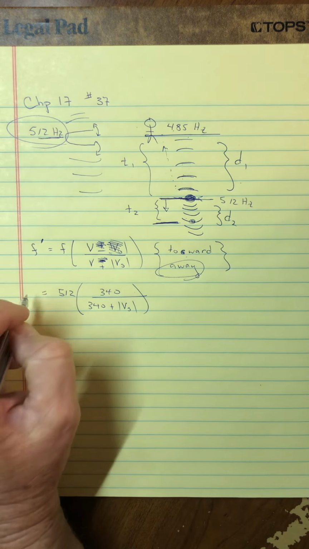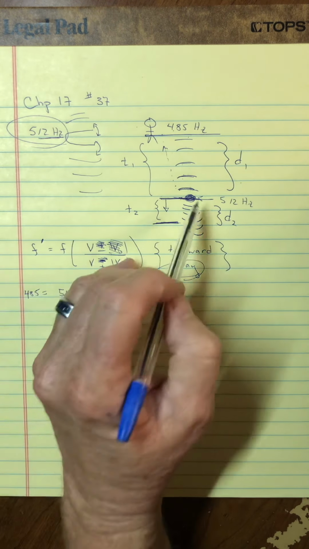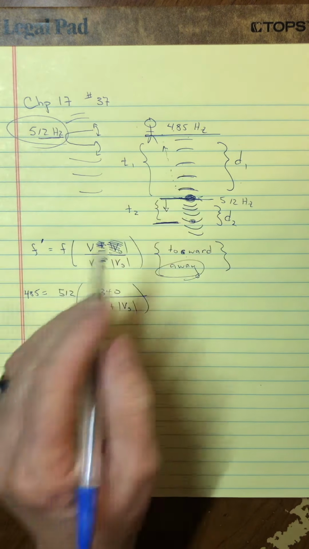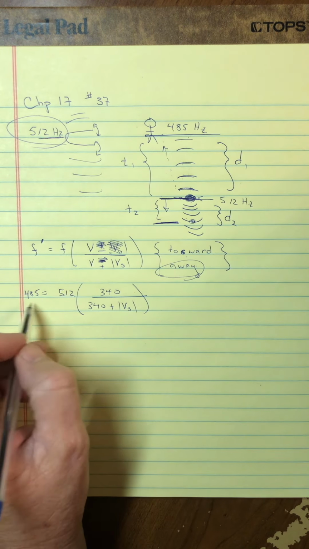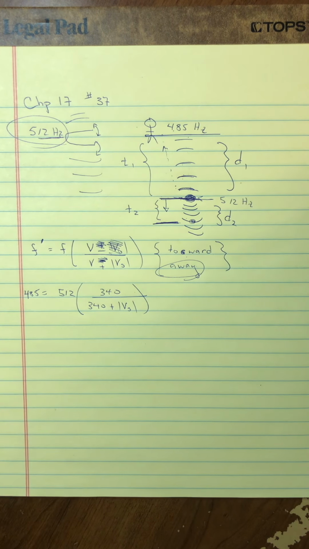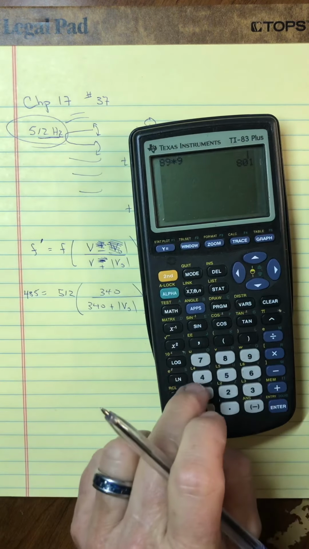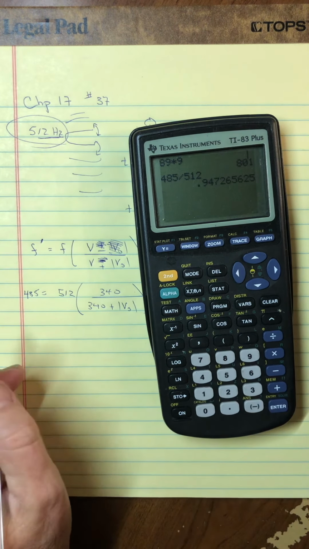Then the perceived frequency, they say, is 485. So this will tell me how fast this has to be moving in order to get the frequency of 512 to shift to 485 here.